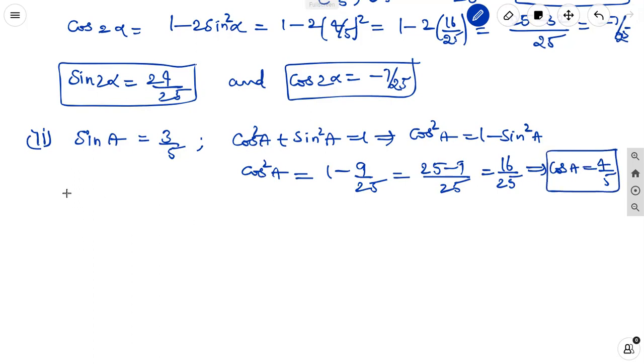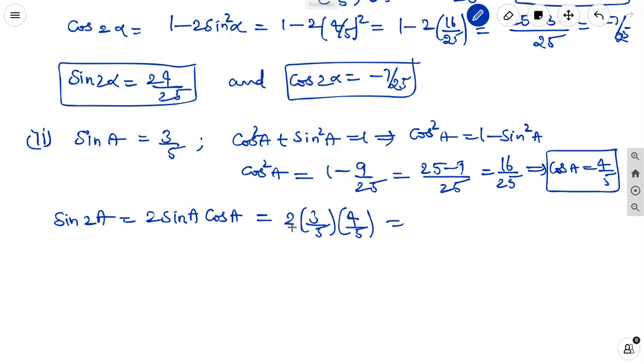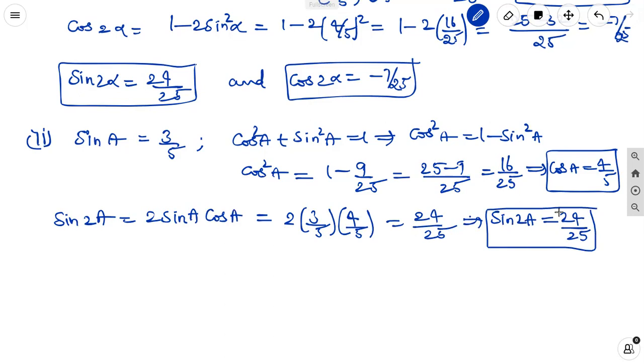We know the cos A and sin A value. We can find out sin 2A equal to 2 sin A cos A. It is equal to 2, sin A is 3 by 5, cos A is 4 by 5, equal to 2 3s are 6, 6 4s are 24 by 25. So sin 2A equal to 24 by 25. Next to find out the cos 2A.